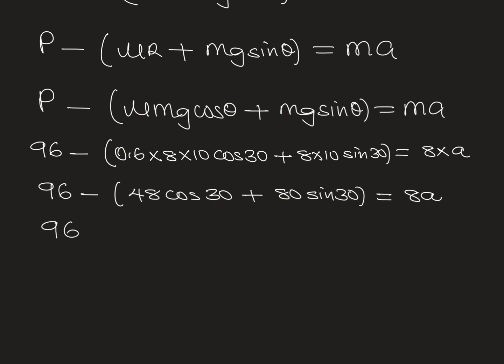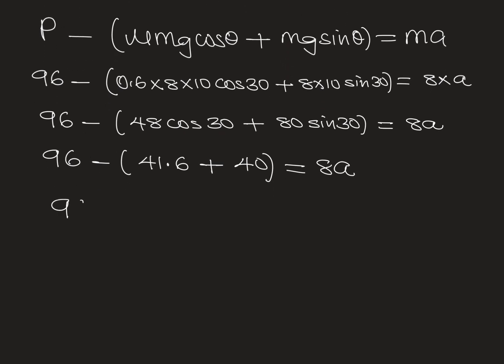So that is going to be 96 minus 48 cos 30, which is 41.6, then plus 80 sine 30, which is 40. This is equal to 8a. So we're going to have 96 minus 41.6 plus 40, which is 81.6.